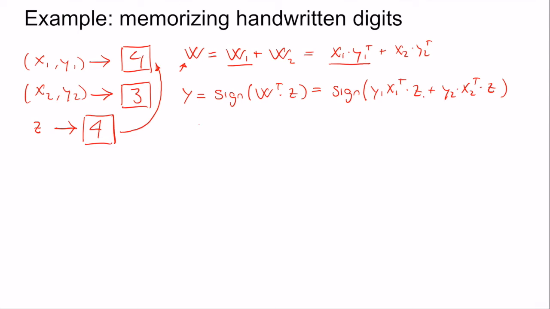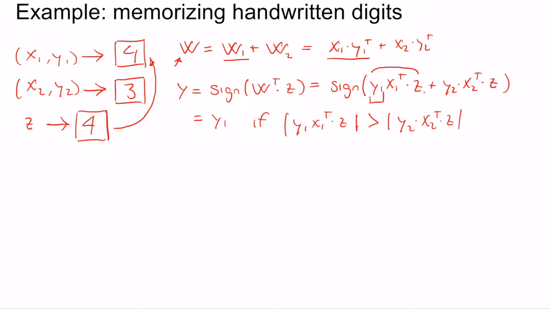This should be equal to y1, and this will hold if and only if the absolute value of y1 x1 transpose times z is larger than y2 times x2 transpose times z, because we want this term to dominate and we want the sign of this value here.